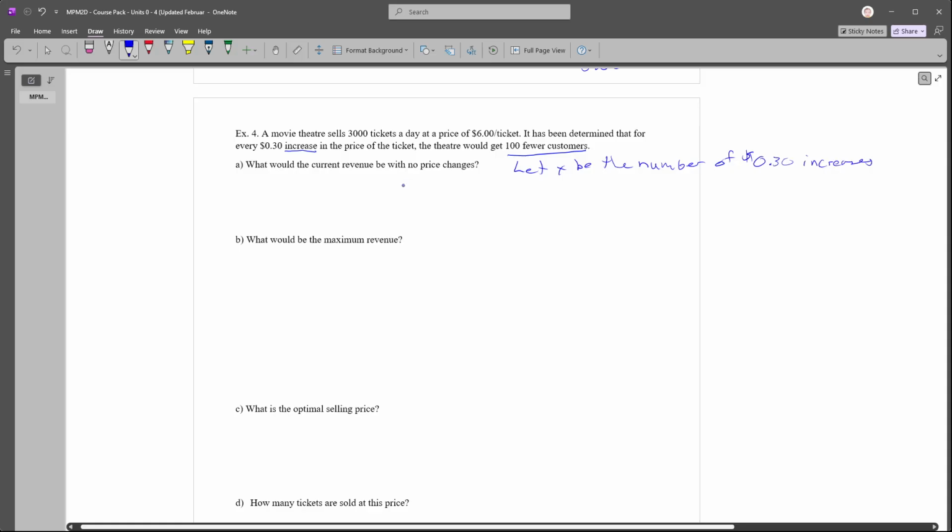All right, now let's go to the question. What would the current revenue be with no price changes? Well, that's easy. The current revenue with no price changes is just R is equal to P times I. Well, what is the current price? The current price is $6. And the current number of items is 3,000 tickets.